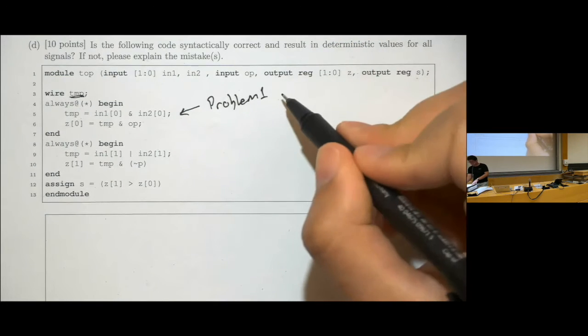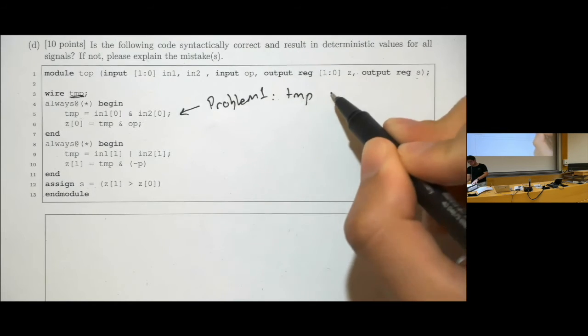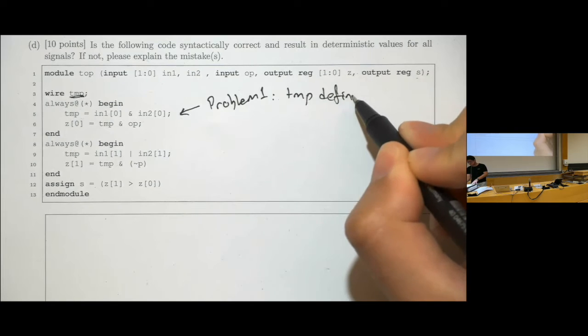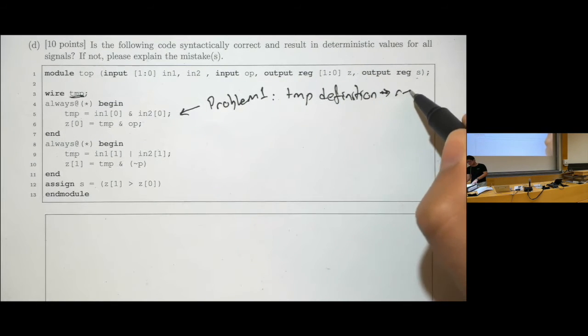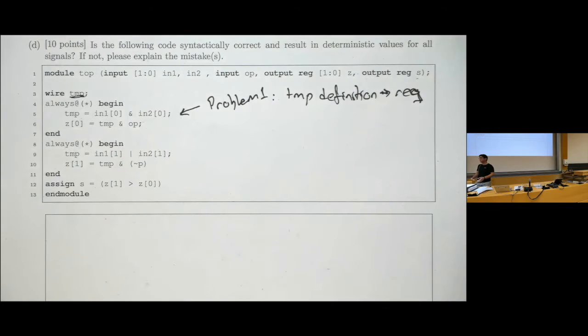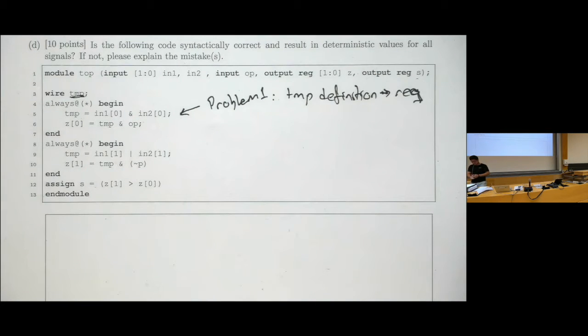And to solve this, we can either make the TMP declaration a register, or we somehow remove this assignment from the always block and make it an assignment outside the always block by using an assign statement, for example.